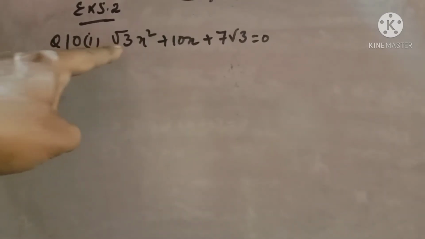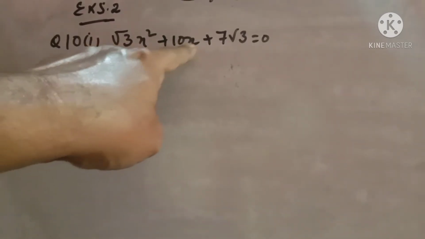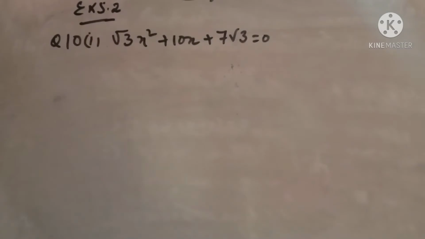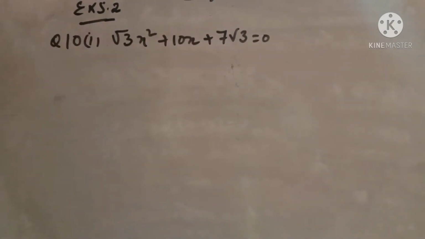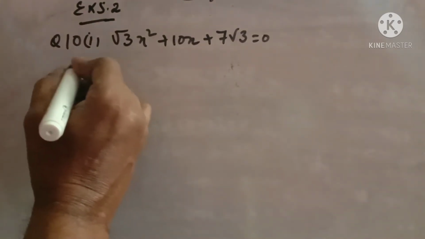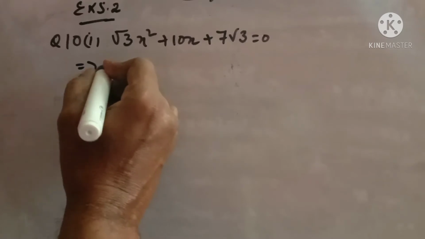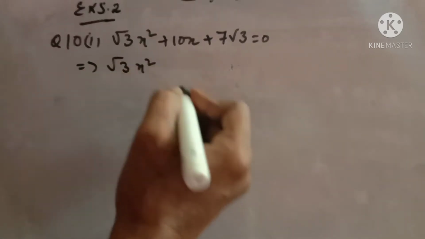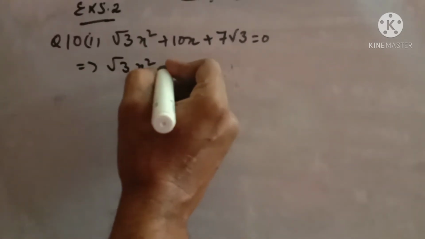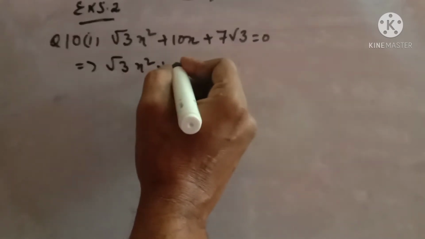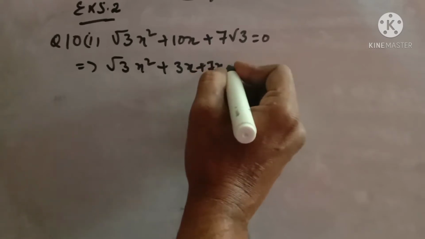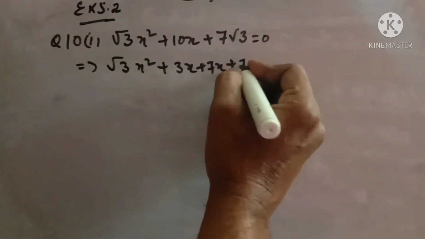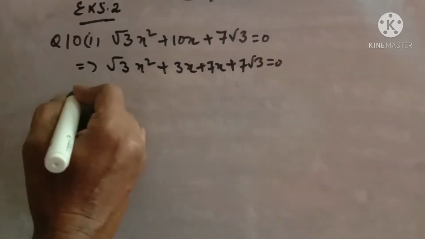Question number 10 first. Root 3 x square plus 10x plus 7 root 3. Maximum questions are the same. So this question is a little bit different because a root is given. So we have to see how we are calculating. First of all, I can write root 3 x square and the middle term we can split: 3x plus 7x plus 7 root 3 equal to 0.